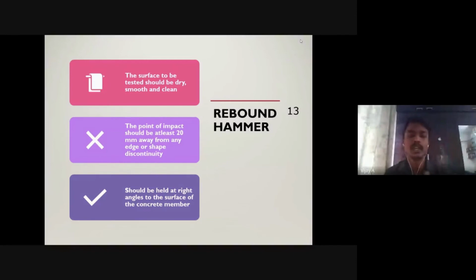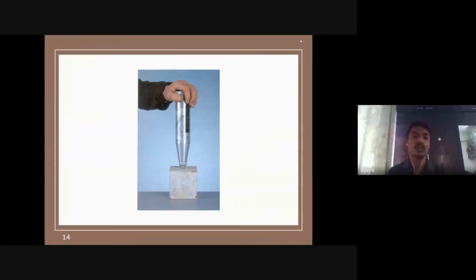This is a very important point that you must understand when you perform any rebound hammer testing. This is how you have to hold your equipment: at a right angle to the surface of any testing material that you are going to use. Most probably we will be using it for concrete testing to understand the strength.